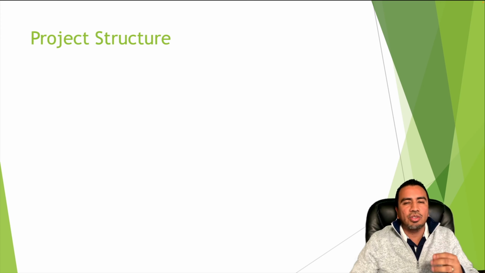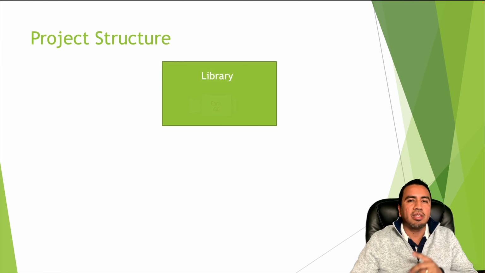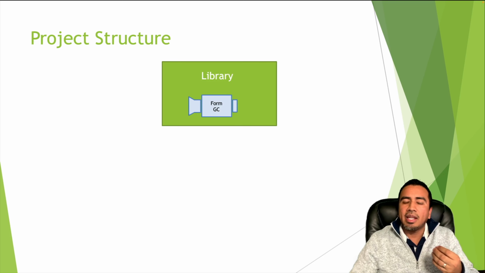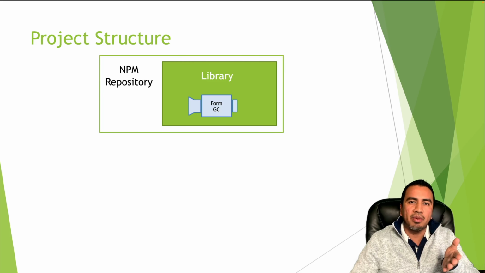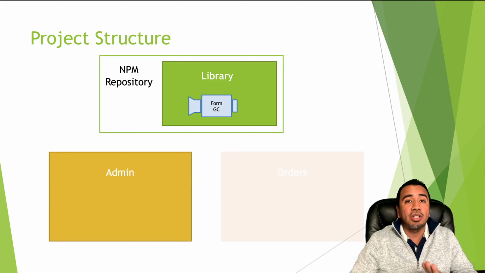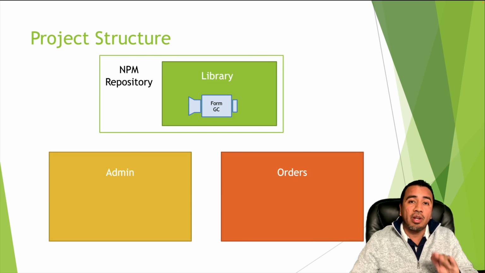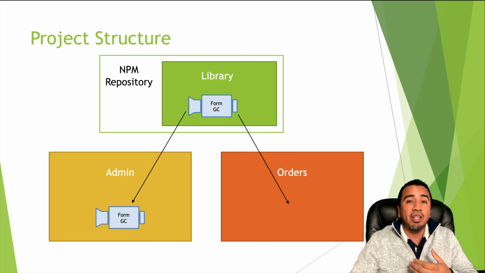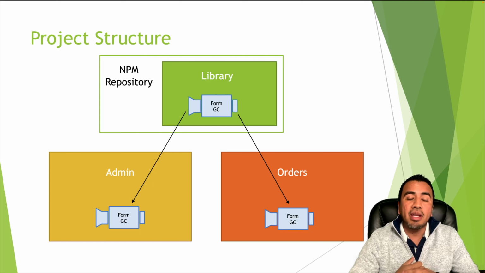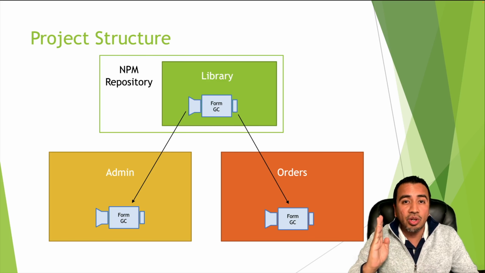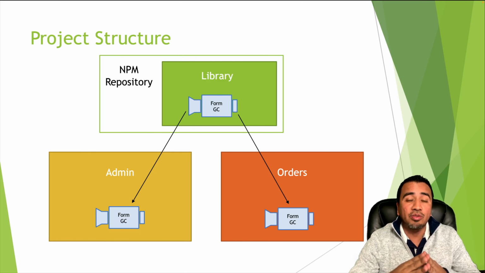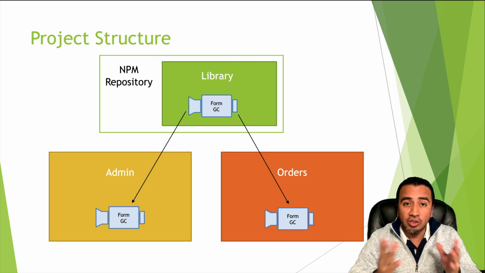In our project structure, we can place our generic components into a library that we can later publish into an NPM repository, from which our smaller micro front-end modules will consume the generic components. Among the advantages of this project structure is that generic components provide standardized solutions for all of our modules.